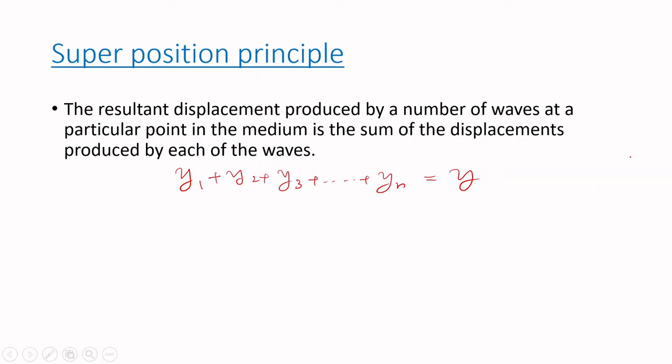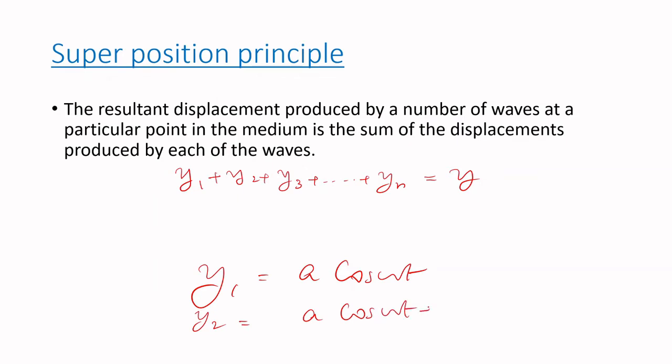For example, if we are adding two waves, y1 is a wave with displacement y1 equal to a cos omega t, and y2 is another wave, a cos(omega t plus phi).